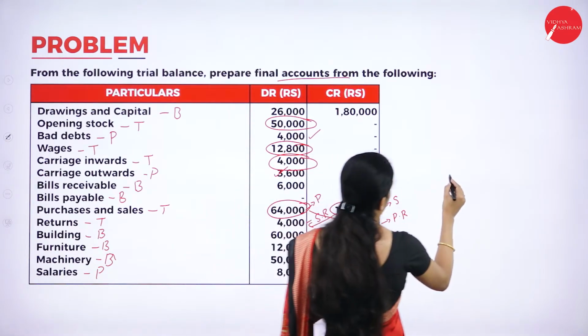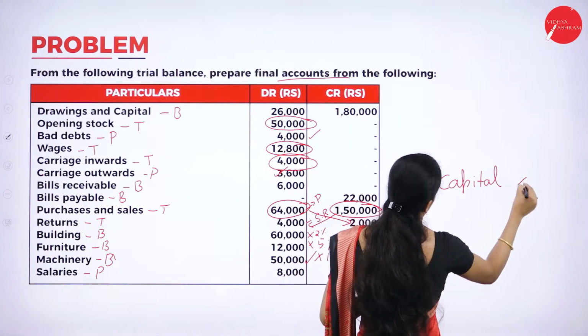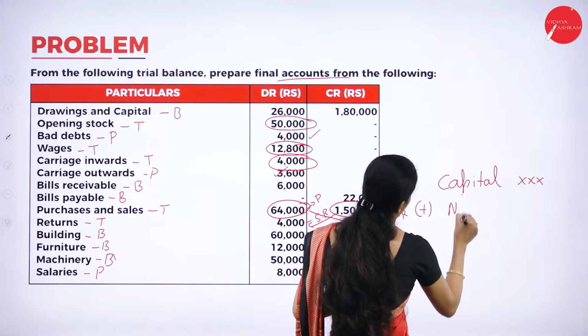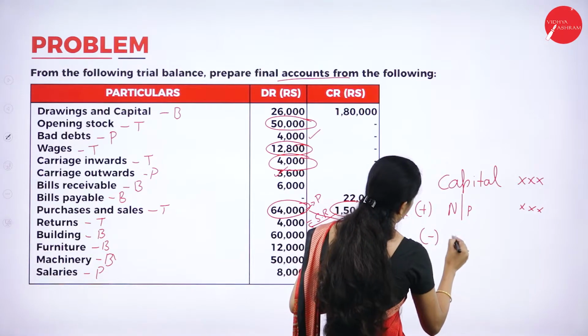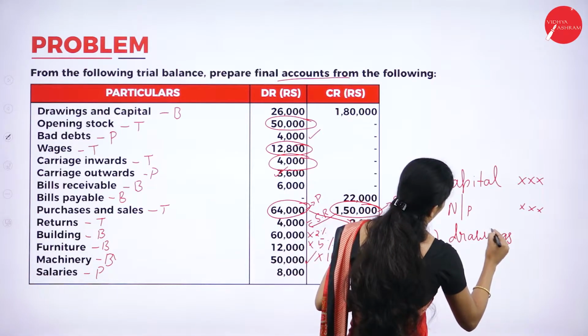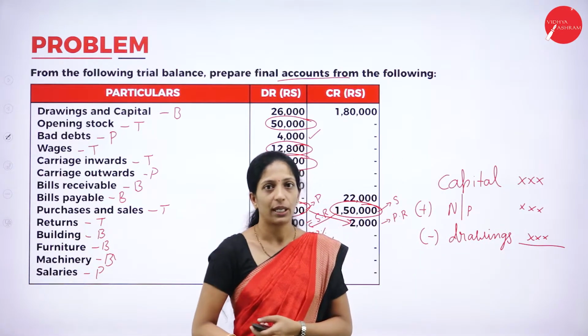That is capital. And in this problem, there is no additional capital. So capital, add net profit, minus drawings. Then you will get the ultimate answer of capital.